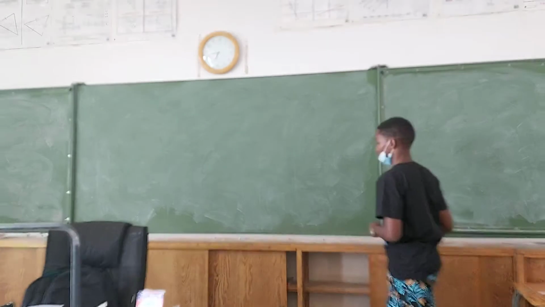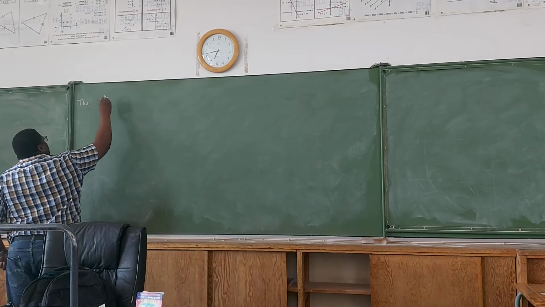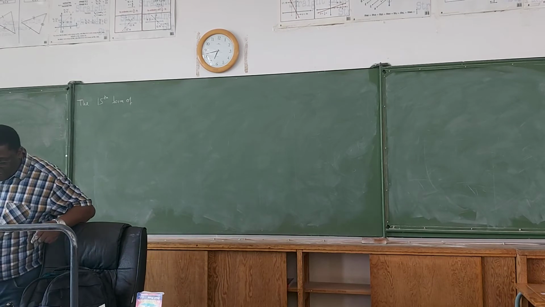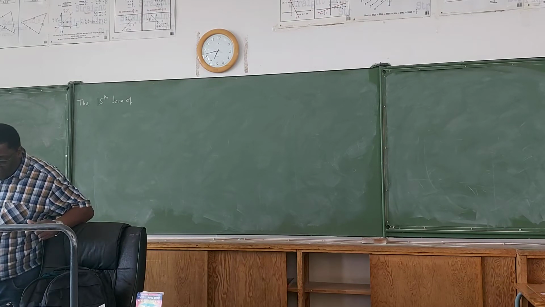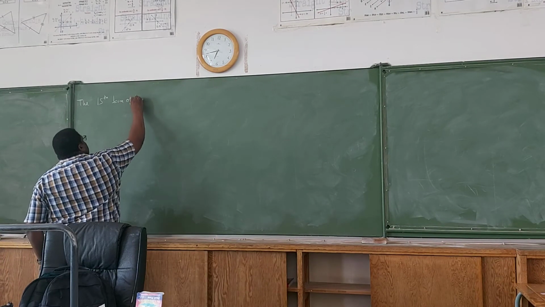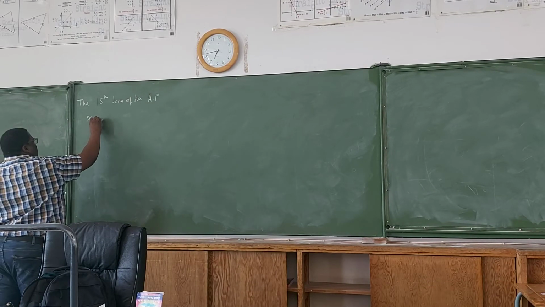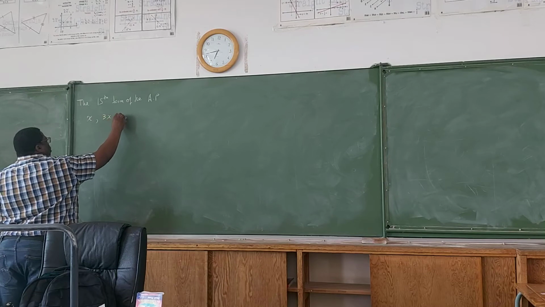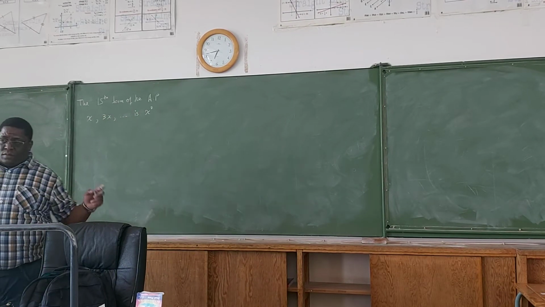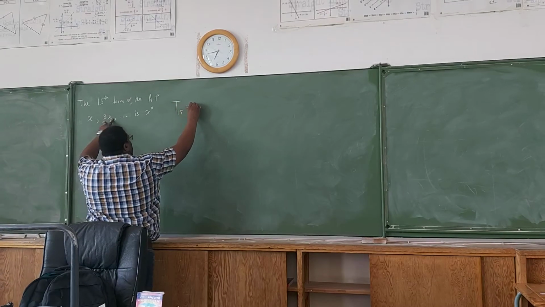Question 9, page 48. The 15th term of a, what type of sequence is it? T sub 15 is equal to x squared.